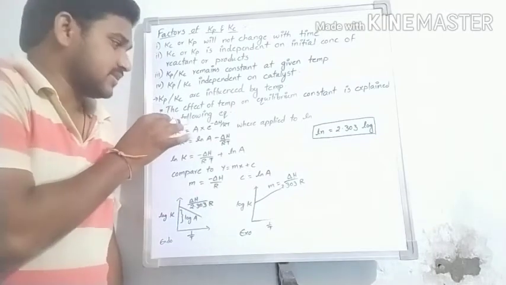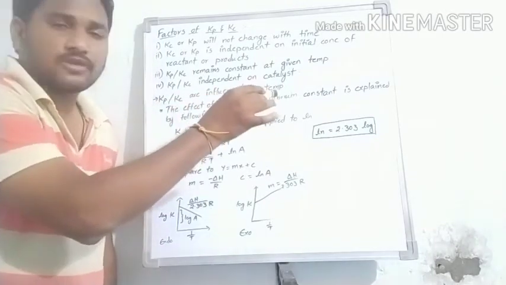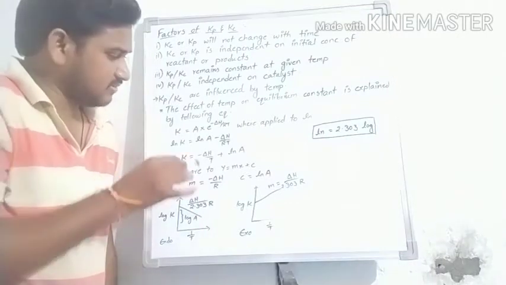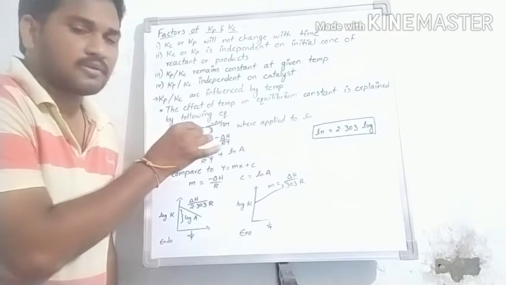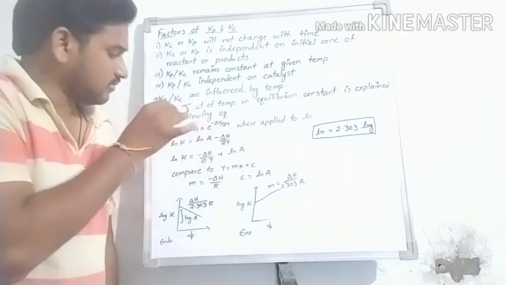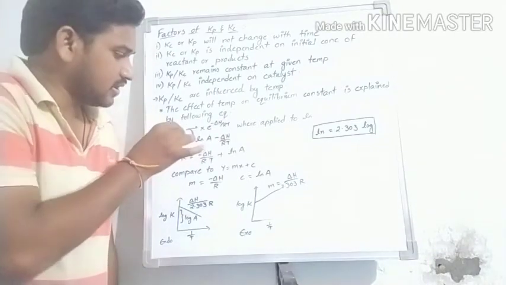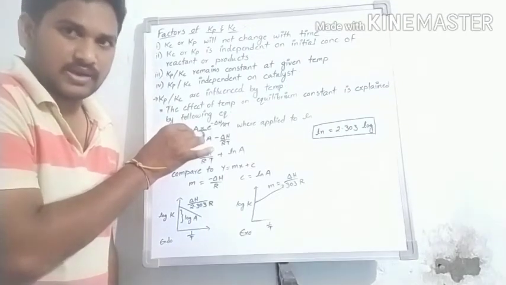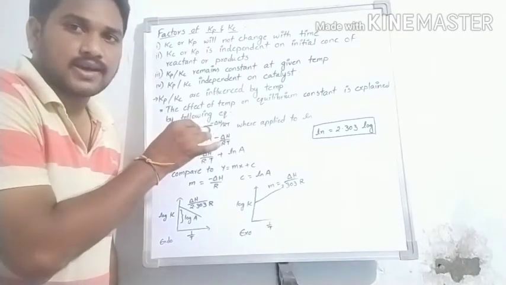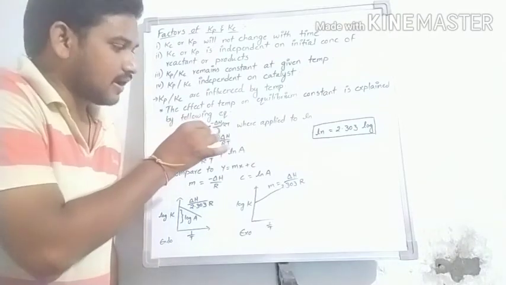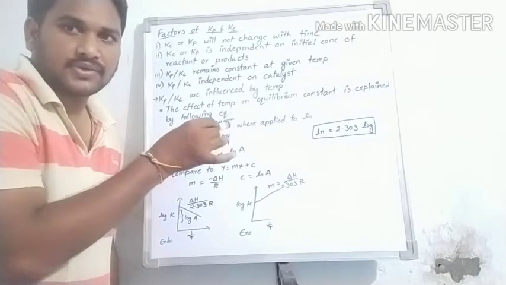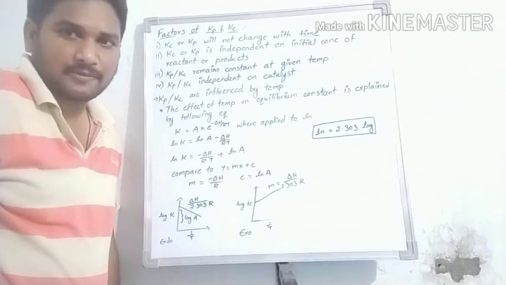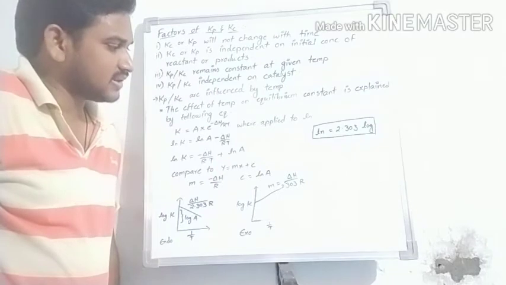The effect of temperature on the equilibrium constant is explained by the Arrhenius equation, or van't Hoff equation, that is K is equal to A into e power minus delta H by RT, where K is the equilibrium constant, A is the Arrhenius factor, e is the exponential, delta H is the enthalpy or heat, R is the ideal gas constant, which is 8.314 in joules, or 0.081 in atmosphere liter, and T is the temperature.